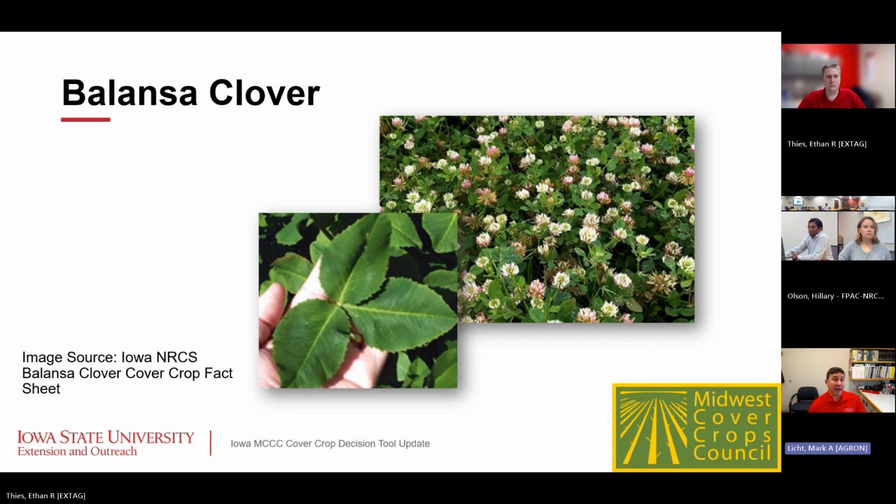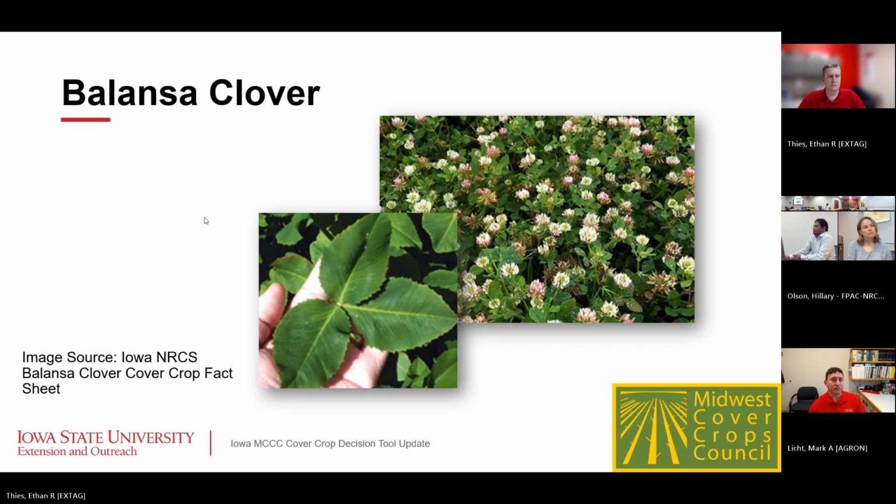Balansa clover does have some pretty good drought tolerance, and as far as being able to fix nitrogen, it is one of the better legumes to do that, especially when we get that spring biomass accumulation out of it. Because of that, it can have really good grazing potential, especially if we stick it in with a mixture that has some of the winter cereal grains like cereal rye or winter wheat, winter triticale.